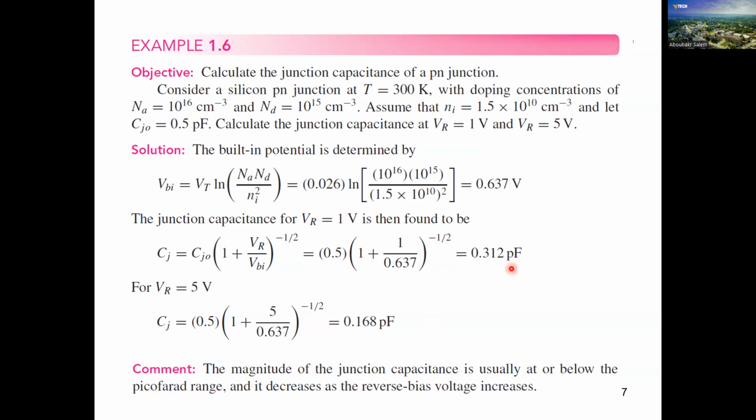This is what we could observe. And it decreases as the reverse bias voltage increases. So when you increase the reverse bias volt, the capacitance decreases. Does it make sense, guys?